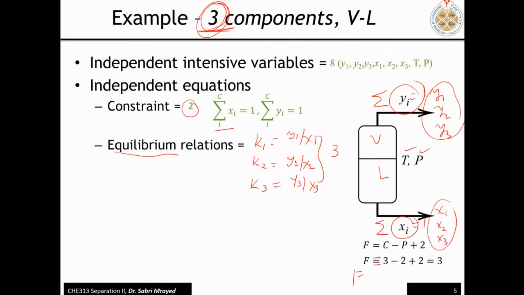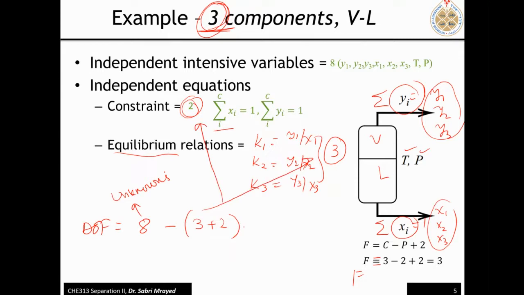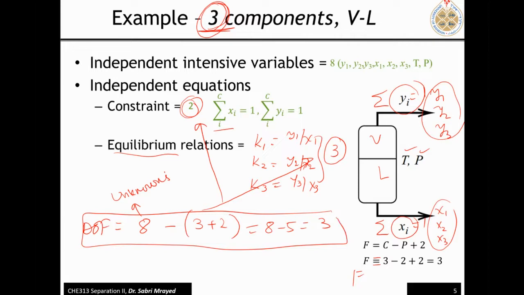Now, as you already know, degrees of freedom should be the unknowns, 8, minus the total number of independent equations that you can form. We have 3 plus 2, so 8 minus 5 is going to be 3. So both methods, or the two approaches, should give you the same answer.